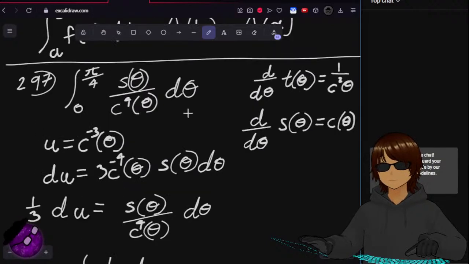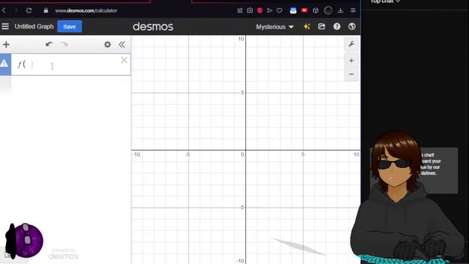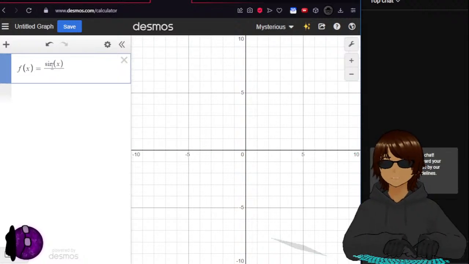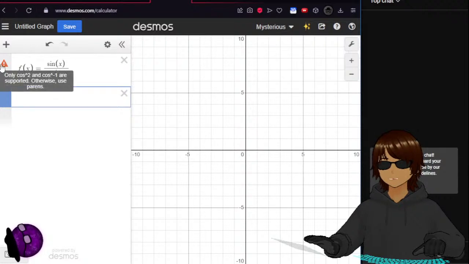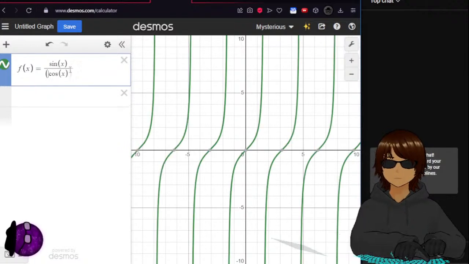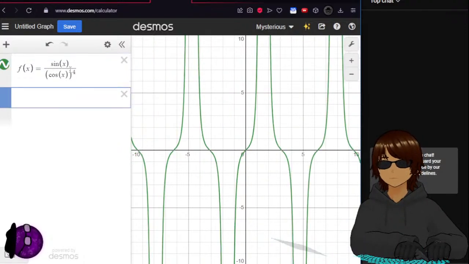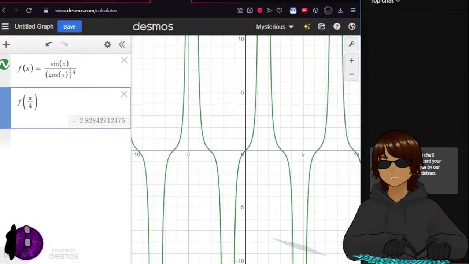If, let's say, f of x is equal to sine x over cos to the power of 4x. Why is this an error? Then what is f of pi over 4?